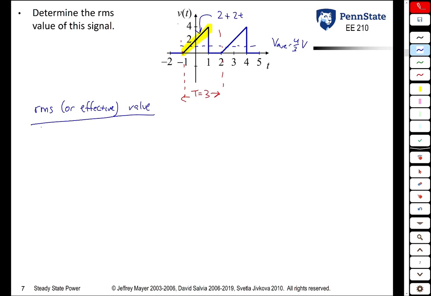The first thing you do is you square the signal. Then you take its average over one period. So we're going to integrate this. We can integrate it from 0 to 3, or from -1 to 2, or from -2 to 1. We're going to integrate it from -1 to 2.